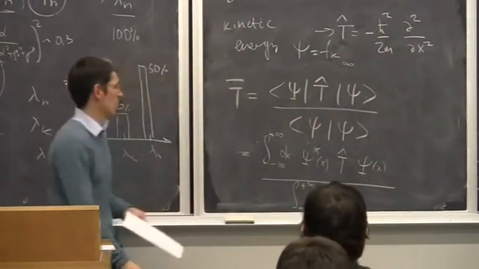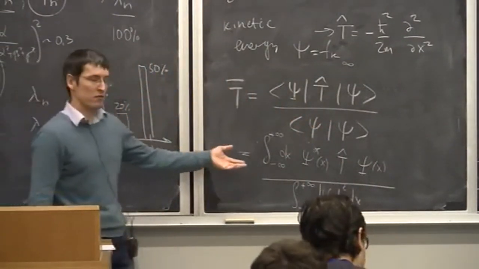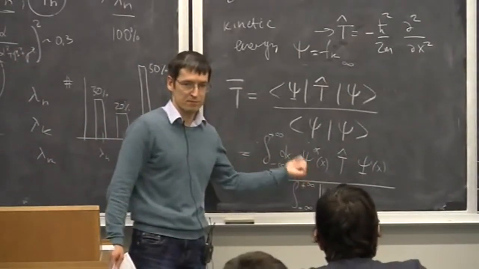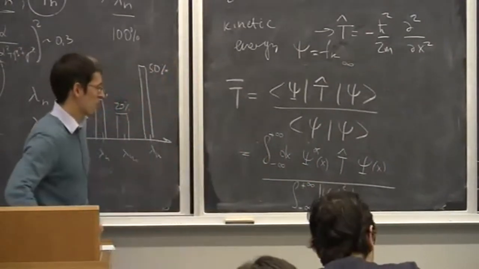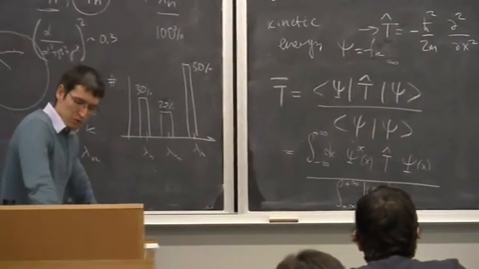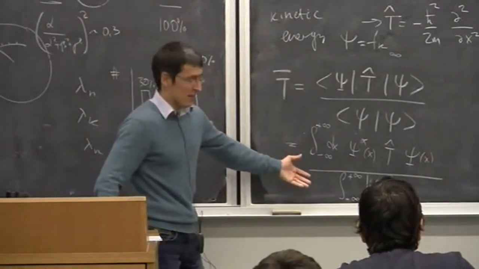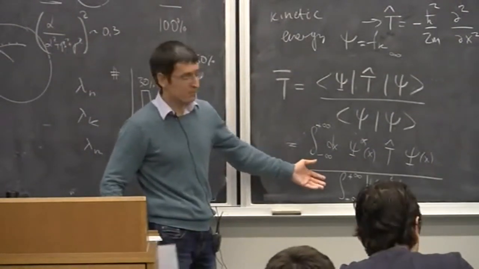Okay? So you don't even need to normalize the wave function for this. That's what I was referring to, that sometimes we don't even need to normalize the wave function. Normalization actually is done here implicitly.